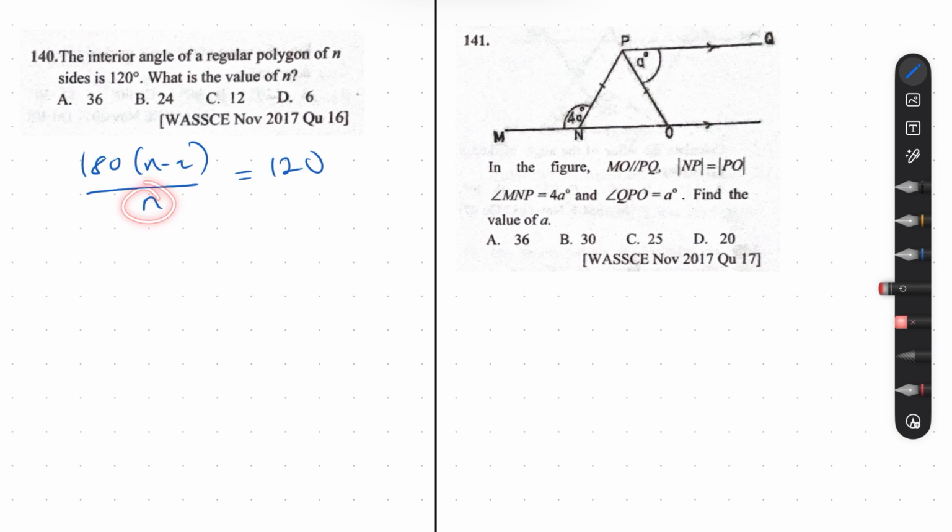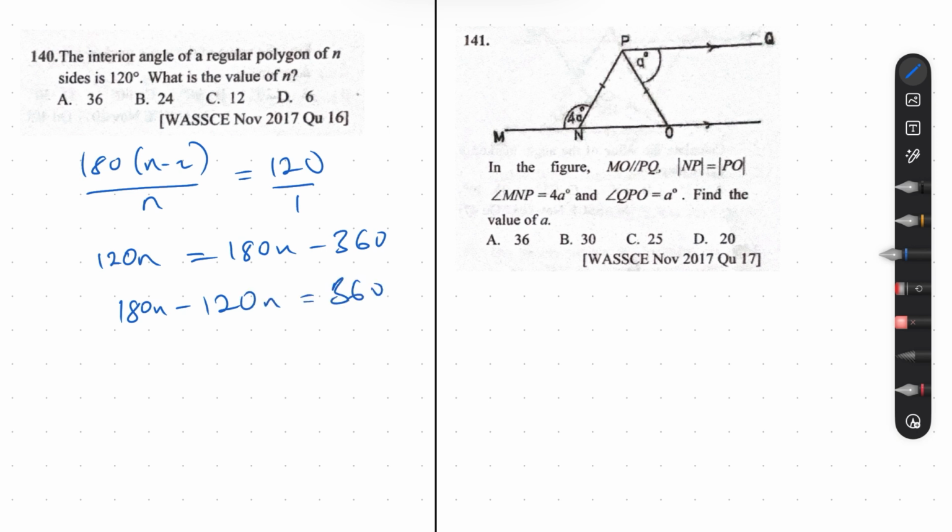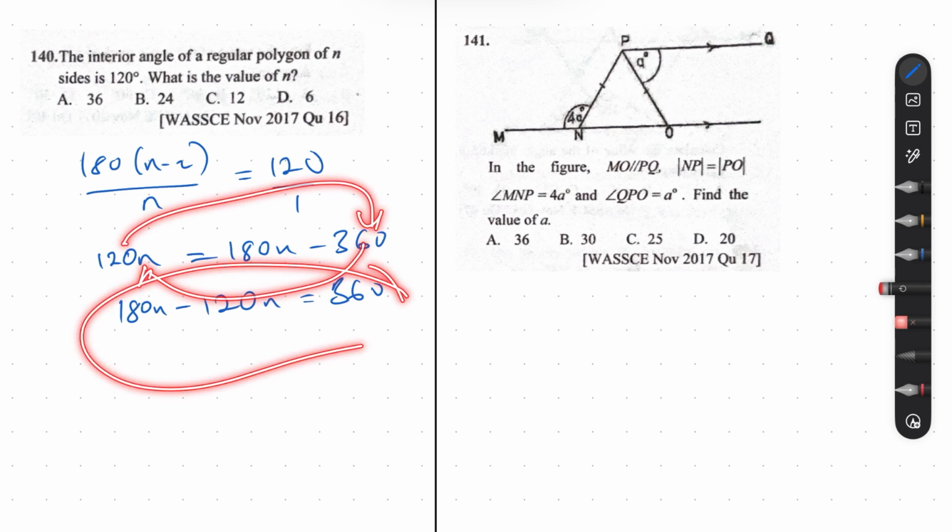We can write this as 120 over 1. Then we do a cross multiplication. So we are going to have 120n is equal to 180n minus 360. If we rearrange this, then we'll have 180n minus 120n to give us 360.